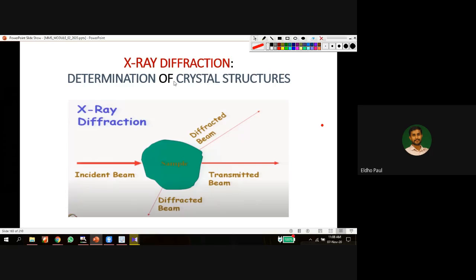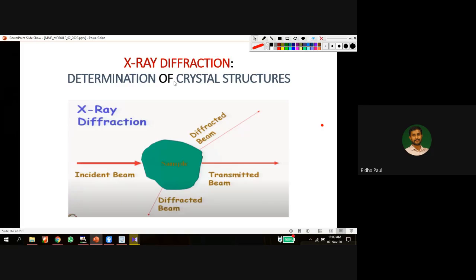It is based on the experiment of Friedrich and Knipping, the two scientists. They conducted an experiment in 1912, and observed that when X-ray passes through a specimen, there are regular spots on the X-ray paper.